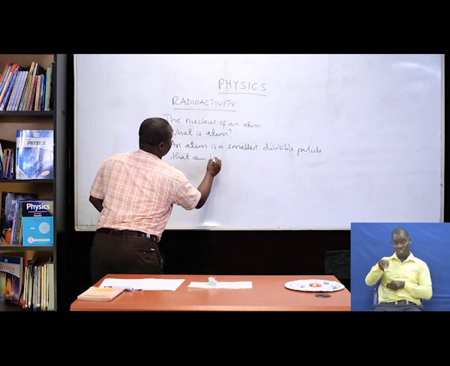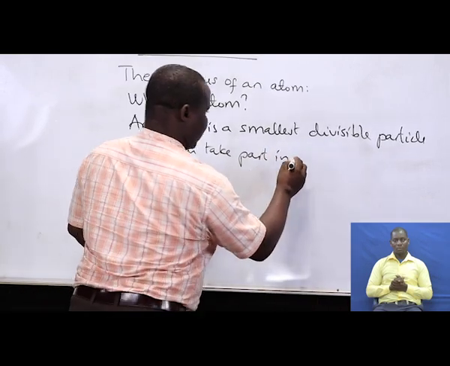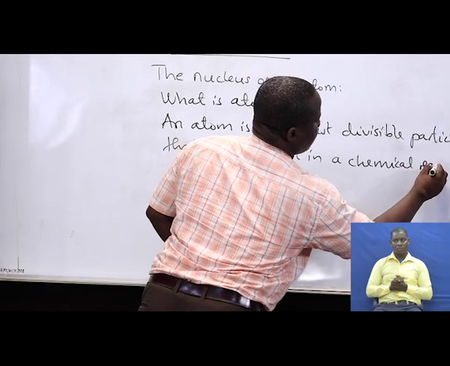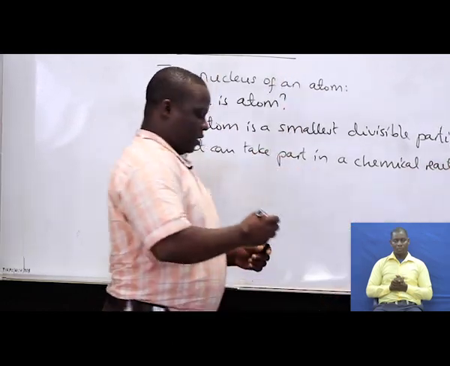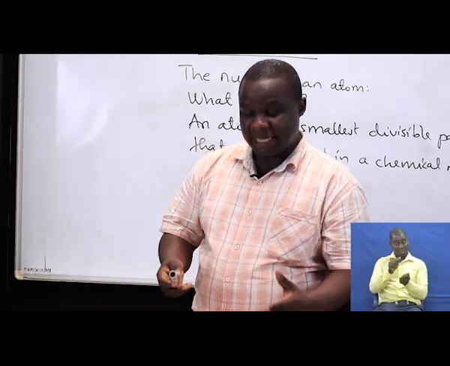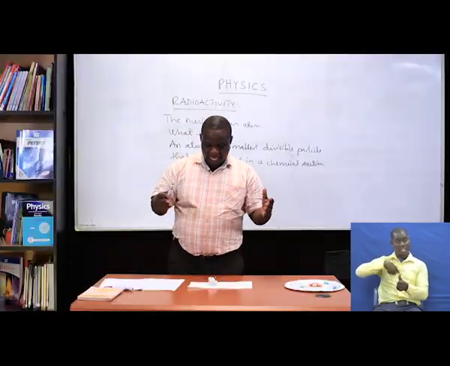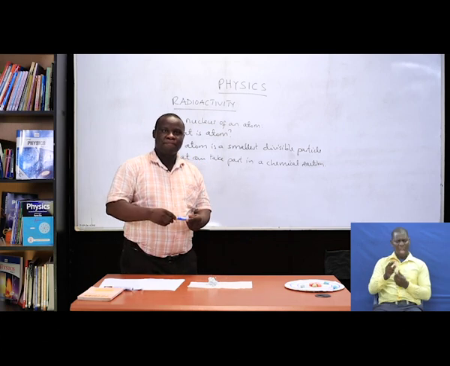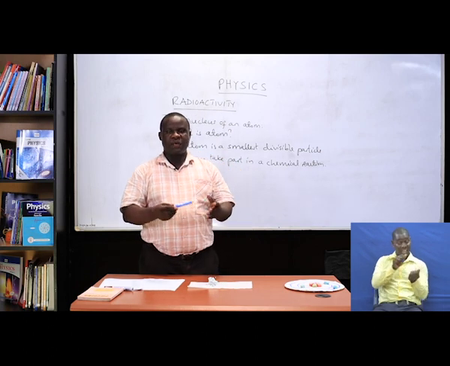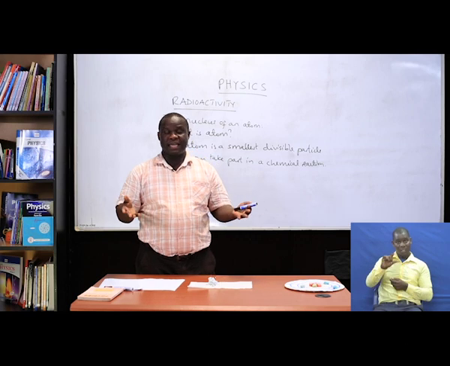That can take part in a chemical reaction. We say they are just the smallest, depending on the kind of the material. Keep in mind that, as we said, all the things surrounding us are termed matter. And as we studied the topic of matter, we saw that matter has three states: the solid state, the liquid state, and the gaseous state.